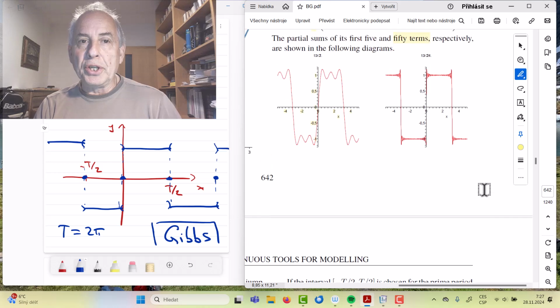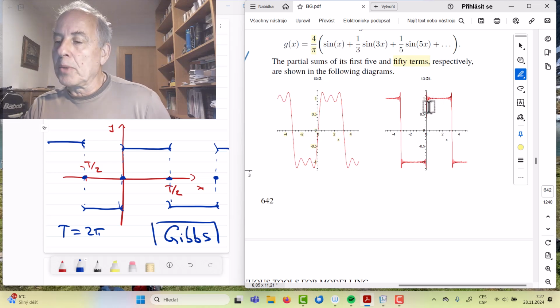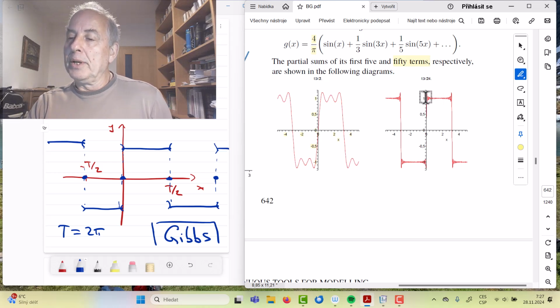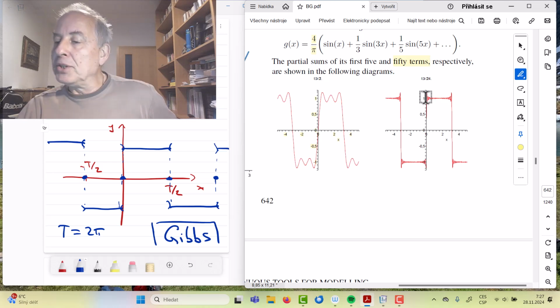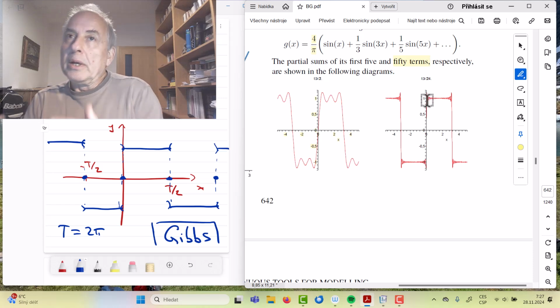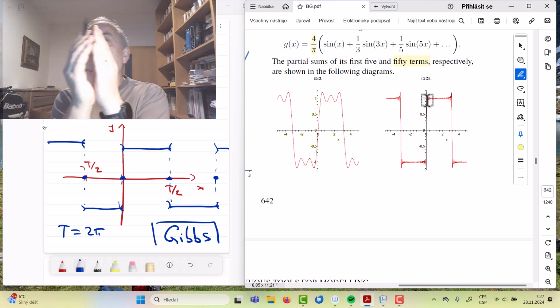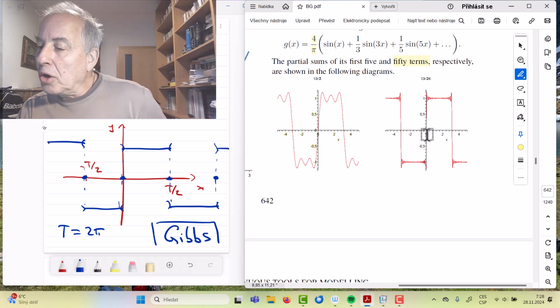And also you see that near the jumps, the convergence is pretty slow, because the more terms I take into the series, so the bigger the partial sum is, the better the approximation will be everywhere except at the jumping points, because there the mistake will stay the same.